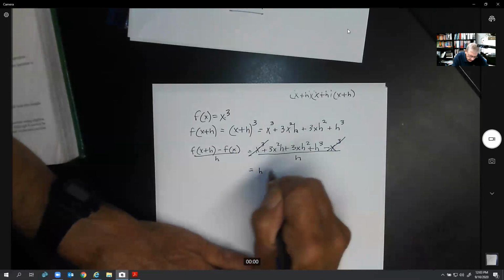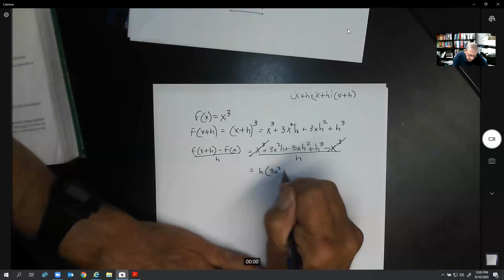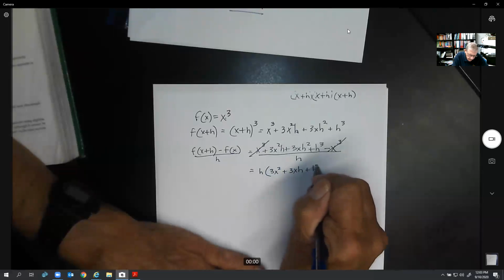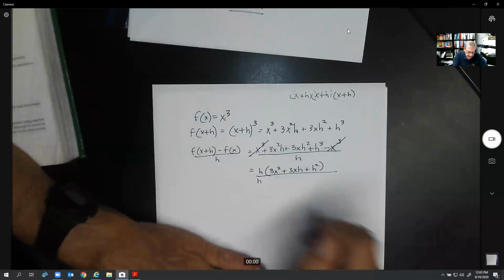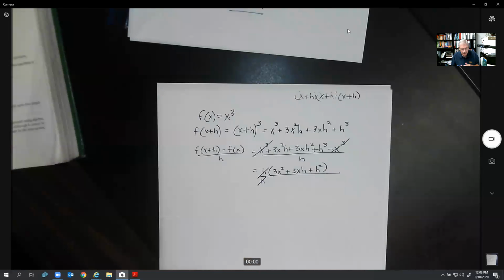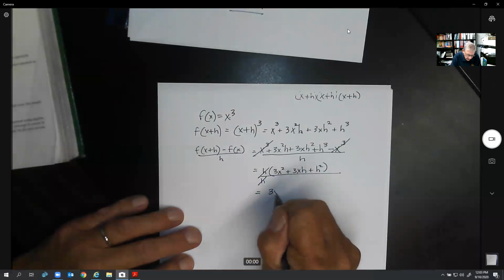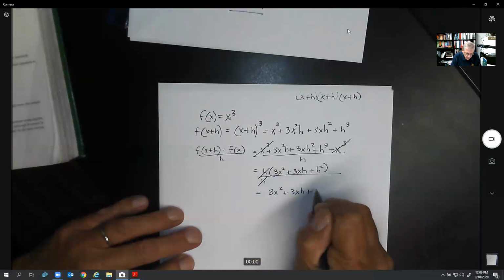I'm just going to go ahead and do it right now. 3x squared plus 3xh plus h squared over h. These h's will cancel, get rid of your denominator, and now you have 3x squared plus 3xh plus h squared.